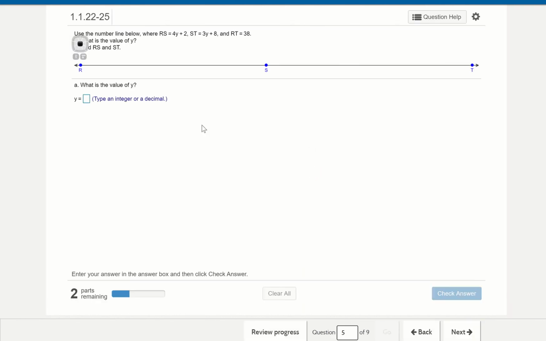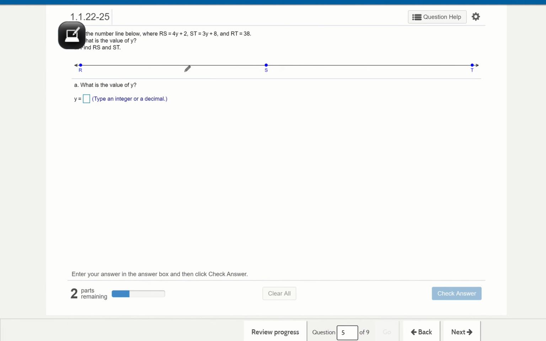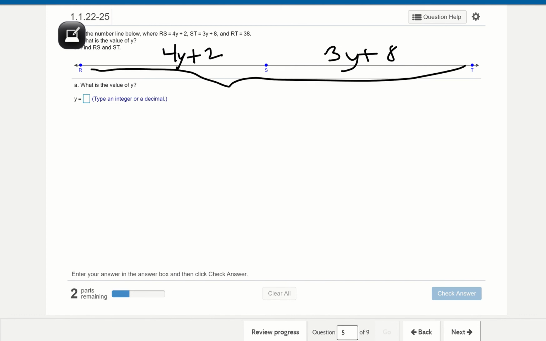All right, and now you want to use the number line, and they say RS, so let's label that. RS is 4y plus 2. ST is 3y plus 8. And then RT, which is the entire thing, is 38. Okay, so remember the bus stop example.